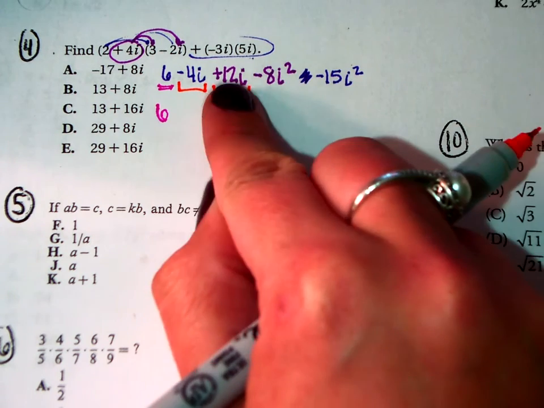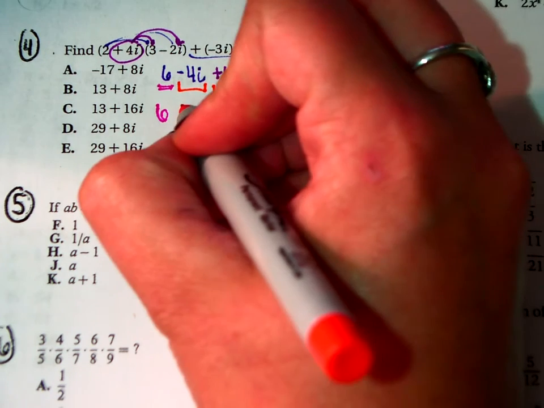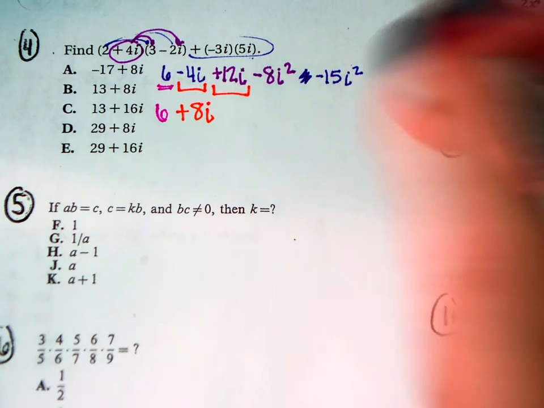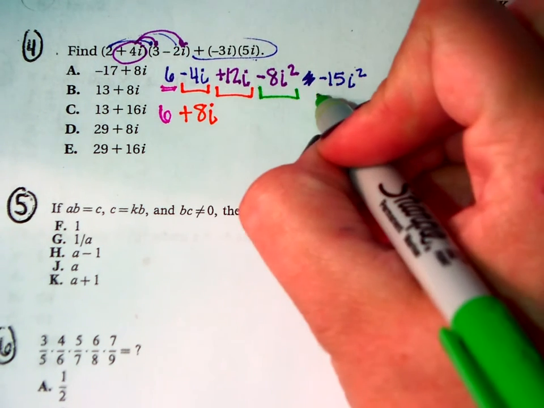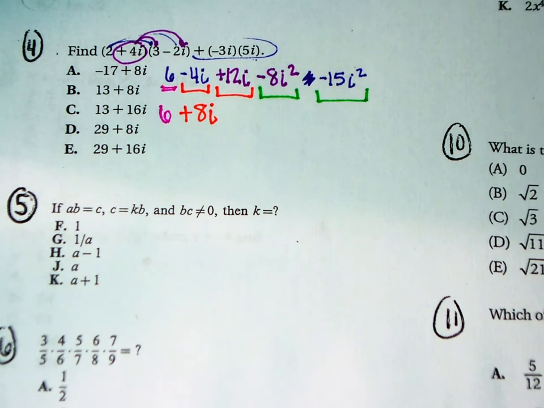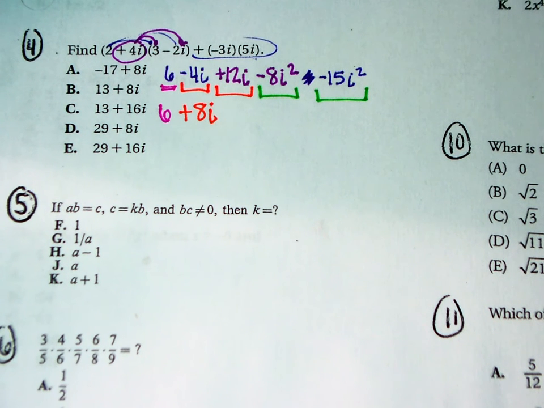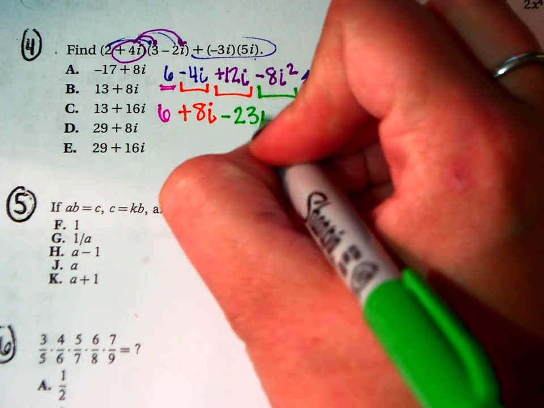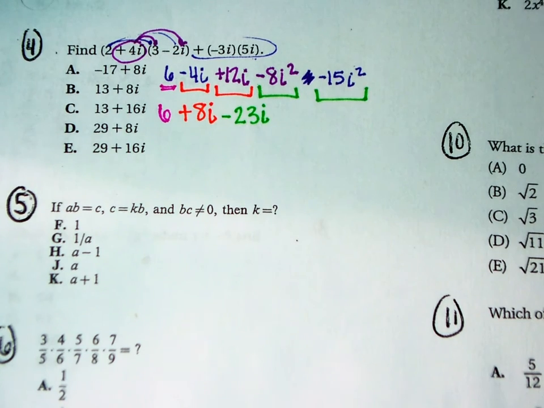Well, negative 4 plus 12 is positive 8. And then i is just along for the ride, just like if I was combining any kind of x value. Then we have negative 8i squared minus 15i squared. Okay, so negative 8 minus 15 is negative 23 i squared. Oh, I forgot the square. I said it and forgot to write it.